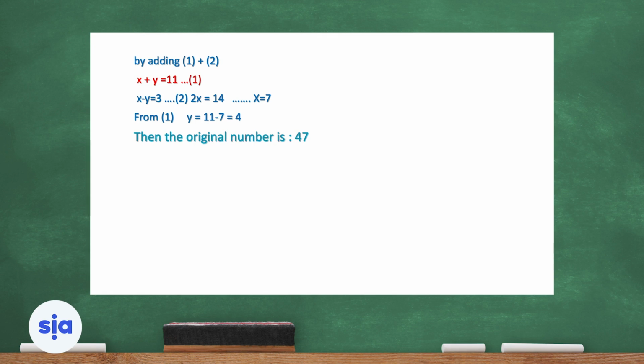Then you will go to the other equation and replace each u by 11 minus t. So we'll go down here. It's 10 times, change the u by 11 minus t, plus t equals 27 plus 10t plus, change u again by 11 minus t.